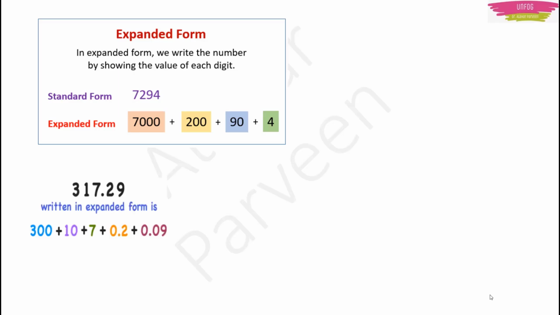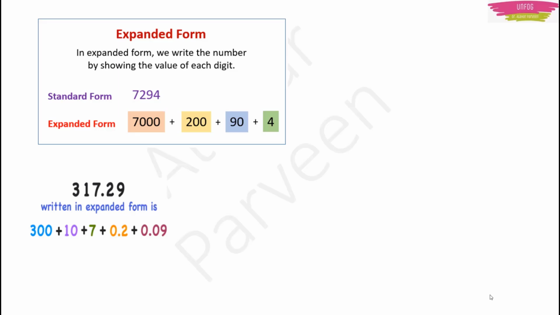Now another example. You have one number with a decimal point, 317.29. Now how can you expand this number? The whole number 317 you expand as it is. Here 3 is in place of 100, 1 is in place of 10 and 7 is in place of 1. That you expand. But then again for the decimal point, you go in the opposite direction.